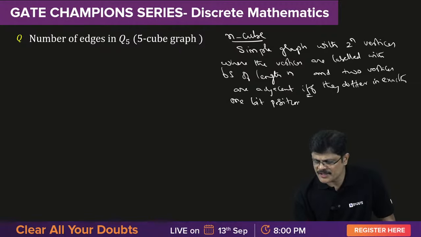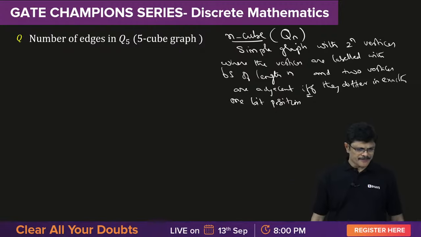So that is the definition of the n cube. We denote it by Qn, my dear friends.